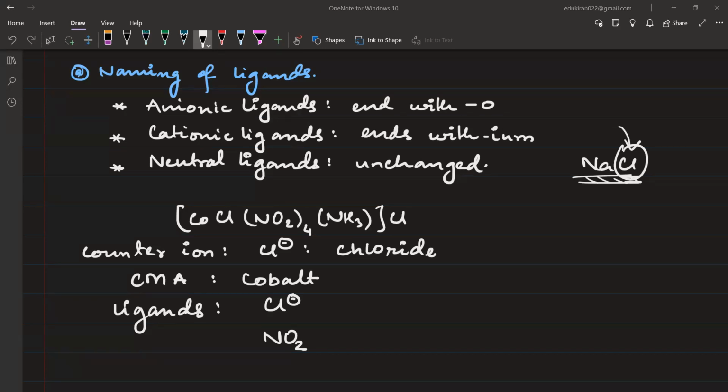NO2 पॉजिटिव में है. ठीक से देखिए. NO2 किसमें? नाइट्रेटो आपको दिखा, नेगेटिव में है.